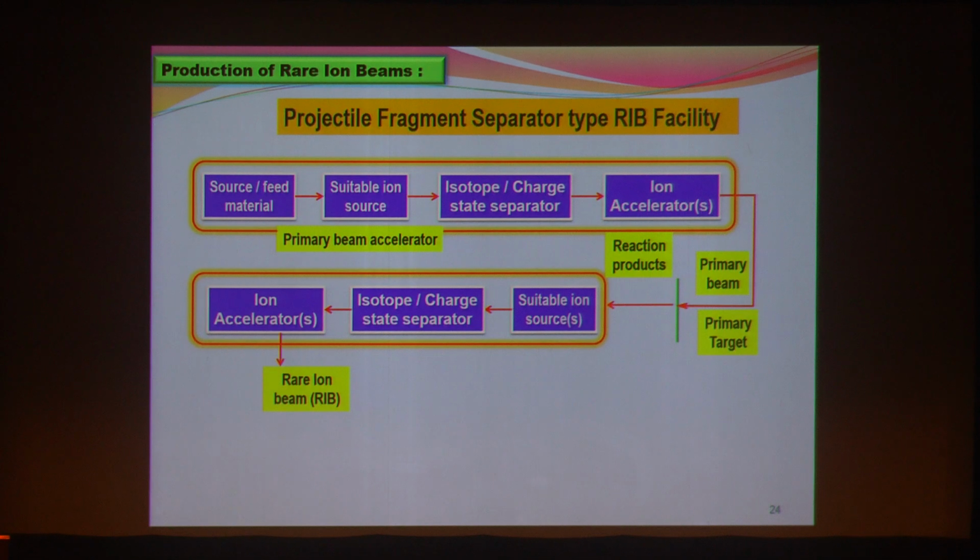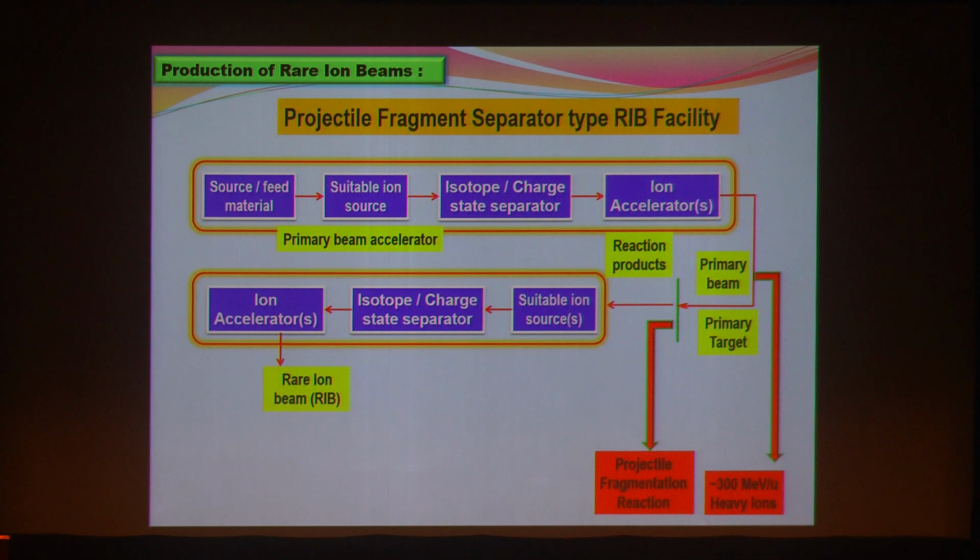Now the projectile fragment separator works in a similar way; let us see how it differs from the ideal post-accelerator type of RIB facility. The first difference is, as the name implies, the reaction by which you produce RIB is projectile fragmentation. Generally, the primary accelerator delivers heavy ions at around 300 MeV per nucleon. Here, you do not need a separate ion source because the projectile fragments are already in an ionized state.